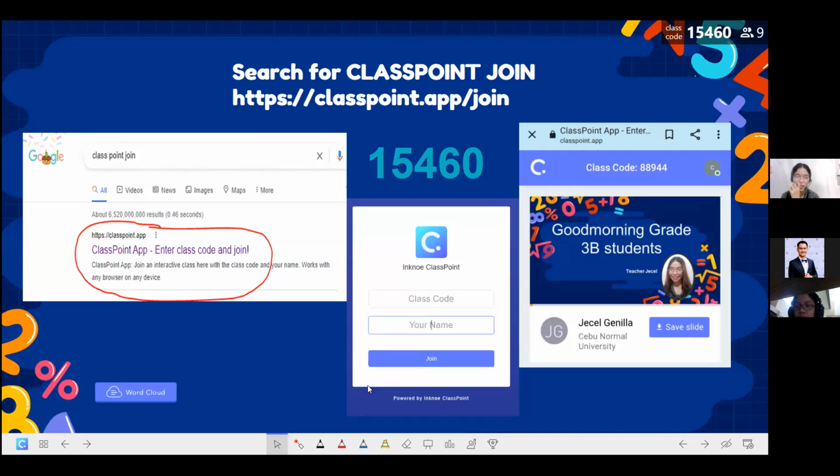So yeah, you can also try. I already flashed the code on the screen, 15460. Okay, and after that you can actually see the presentation on your phone. Well, I'm using my laptop.